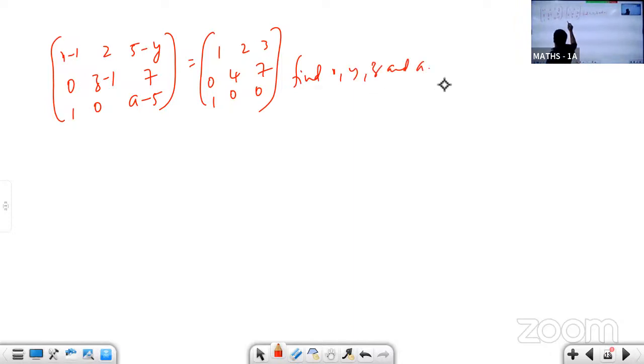So here, again, two matrices are equal and they are of the same order also. When two matrices are equal and of the same order, I can equate the corresponding elements.